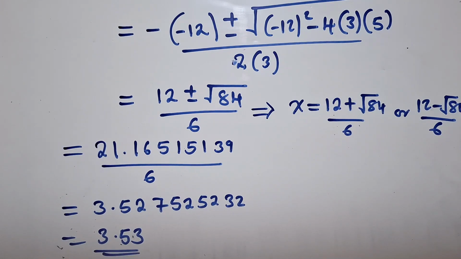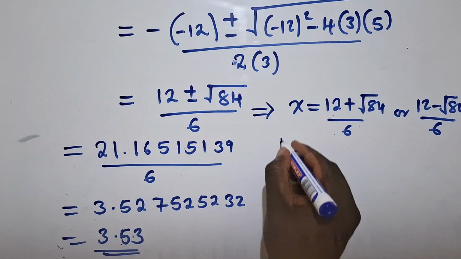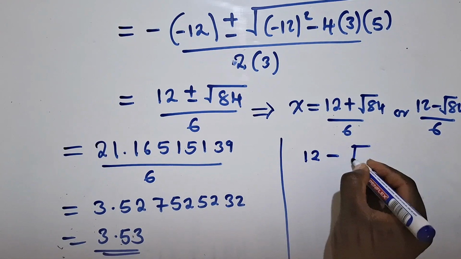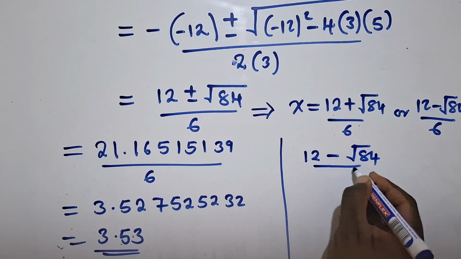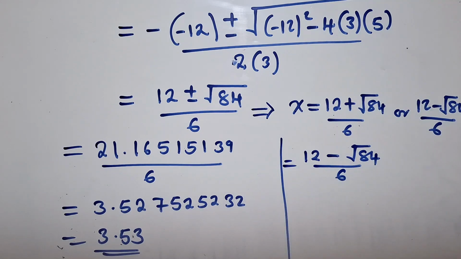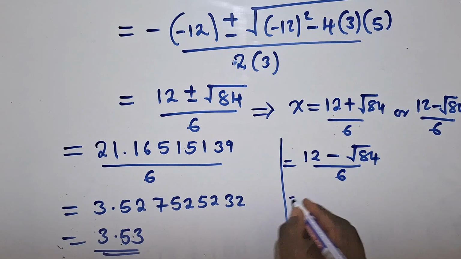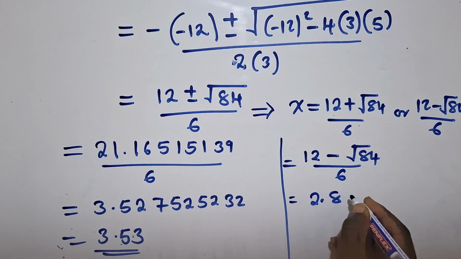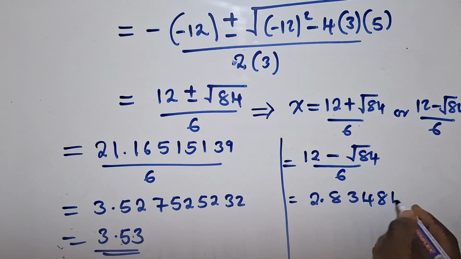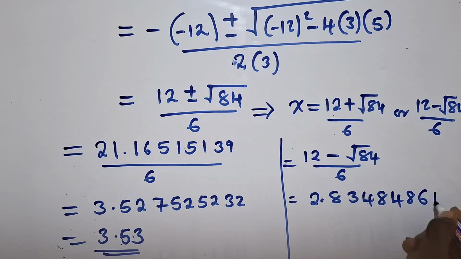The other solution, we shall get this other one here. Okay, so we've got 12 minus root over 84 over 6, sorry. So this, when we punch on our calculator, it's giving us 2.83484861.